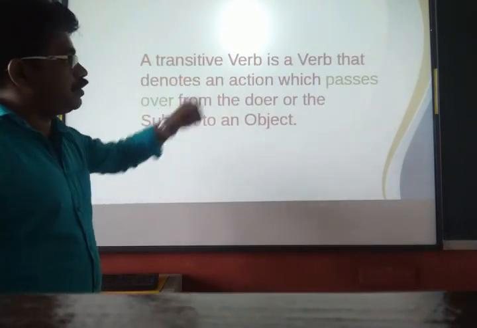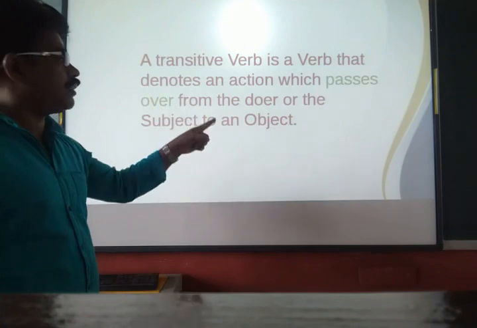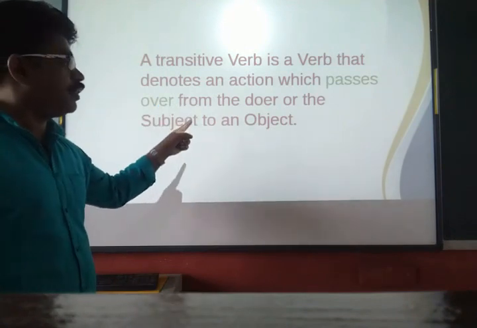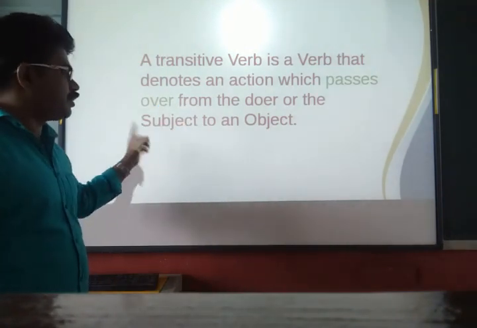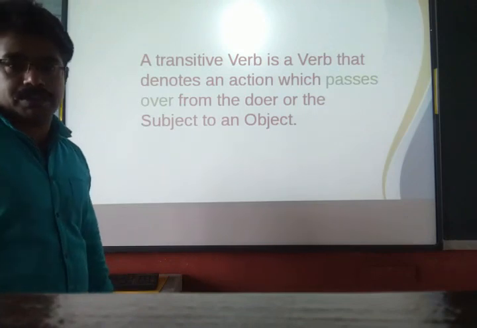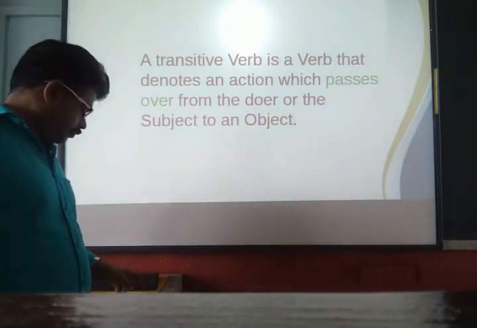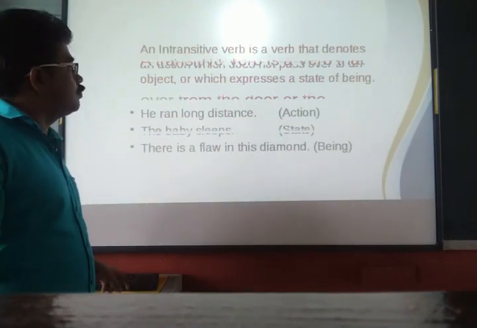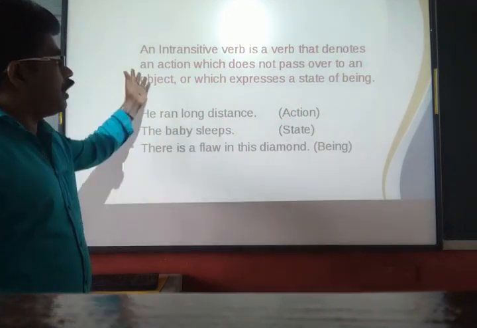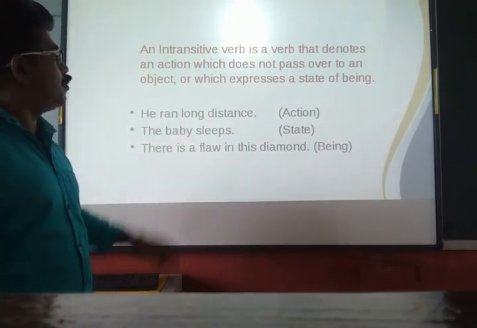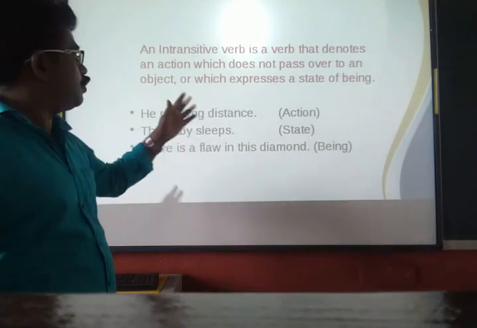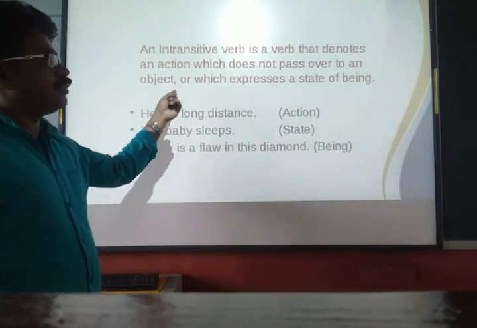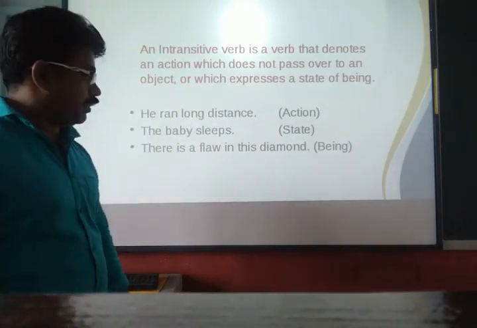A transitive verb is a verb that denotes an action which passes over from the doer or the subject to an object. An intransitive verb is a verb that denotes an action which does not pass over to an object or which expresses a state of being.